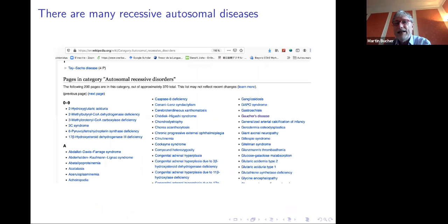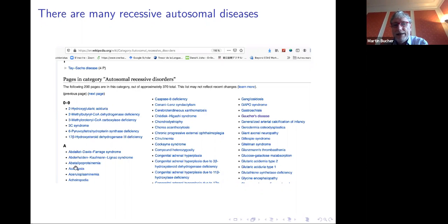And that has a big effect in terms of diseases, because there are lots of these diseases where there's a not so common allele that hasn't disappeared.